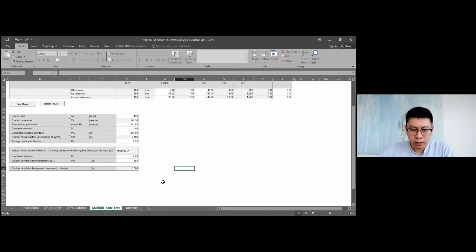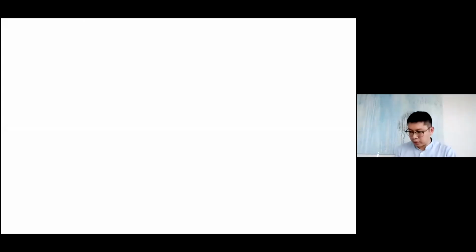Let's recap again. There are a total of 3 systems. First is the single zone. Second will be 100% fresh air, or OA. Third is multiple zone.